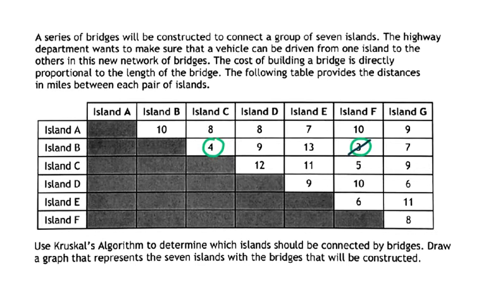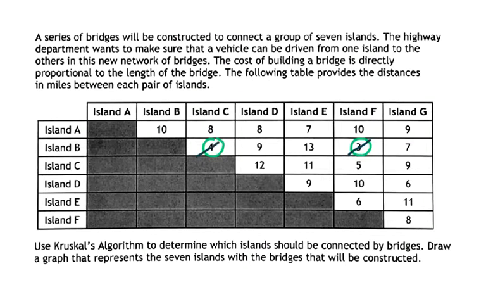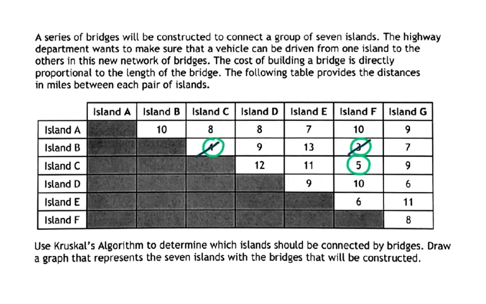That is island B to C. B to C, that does not create a cycle, so we're going to keep that weight. The next one is 5. That creates a bridge from island C to F. Now that is a cycle, so we cannot keep it. So we cannot use this number 5.